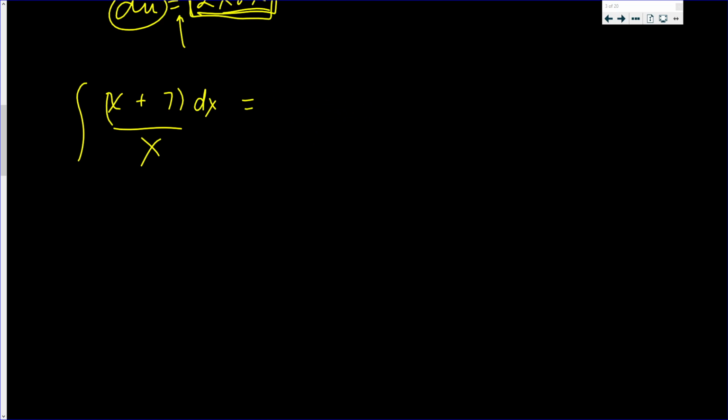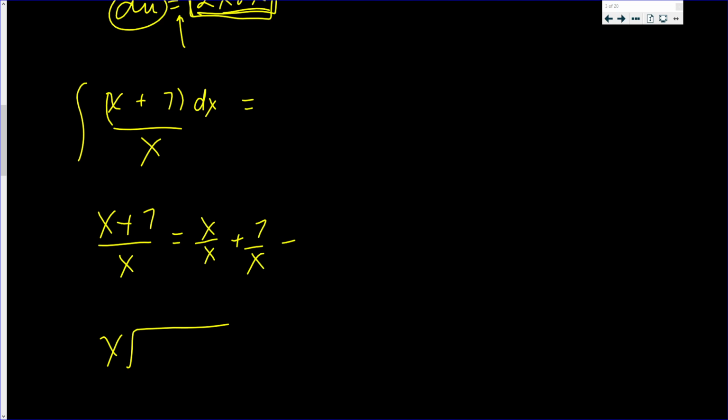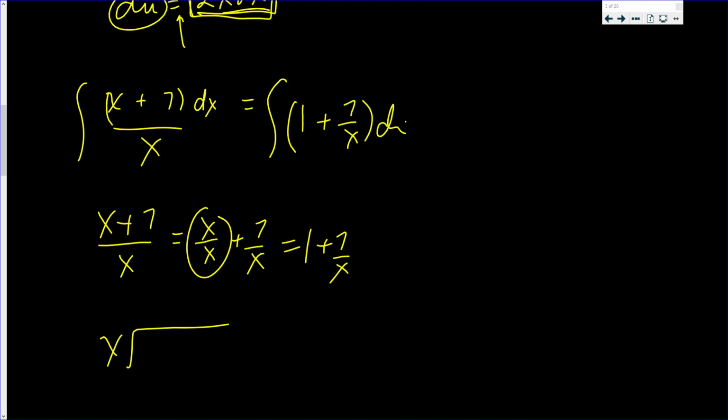So what is x plus 7 over x? You can go and do long division, but I would just say it's x over x plus 7 over x, and that's 1. So this is the integral of 1 plus 7 over x dx.